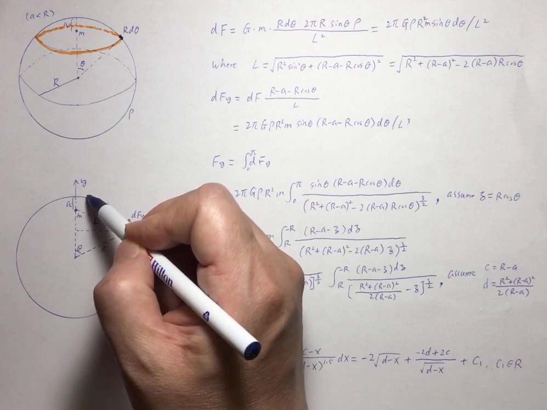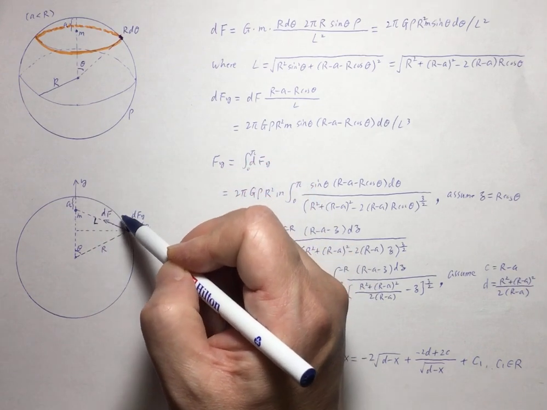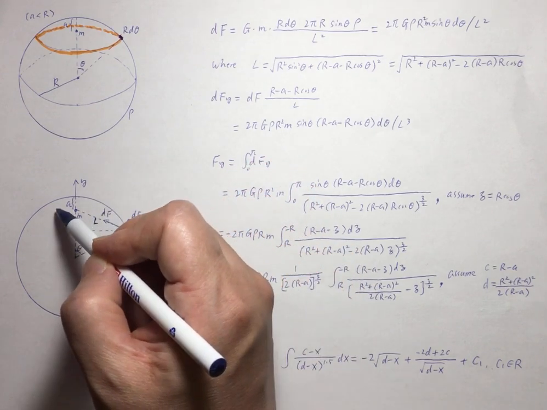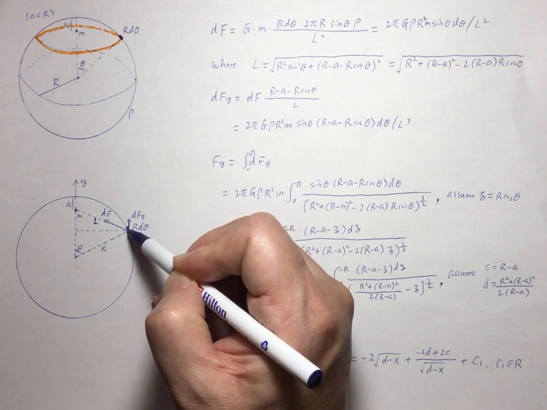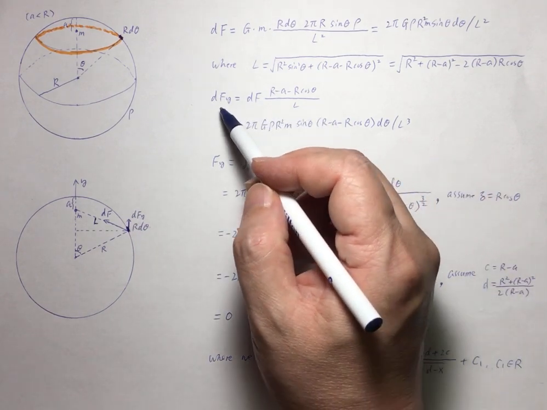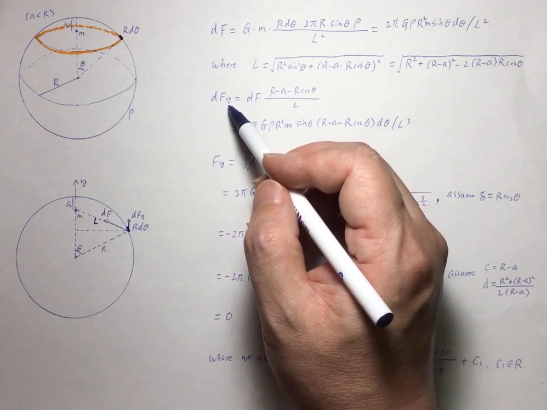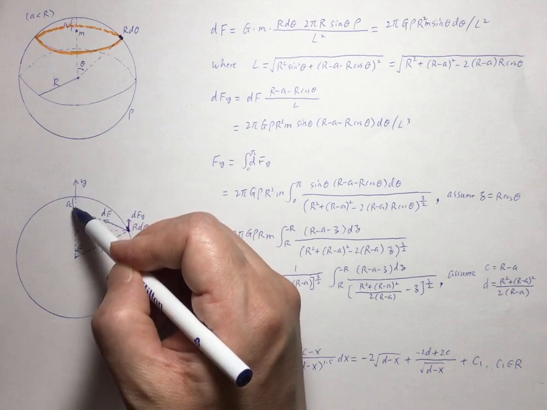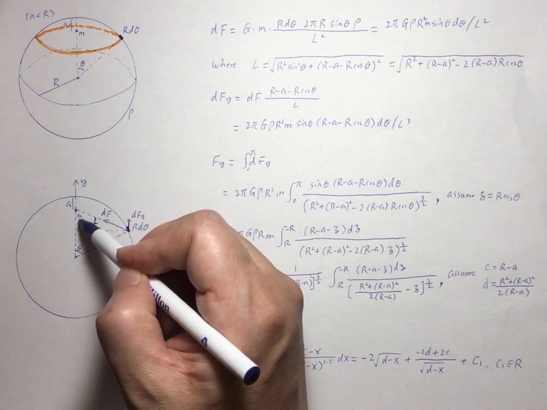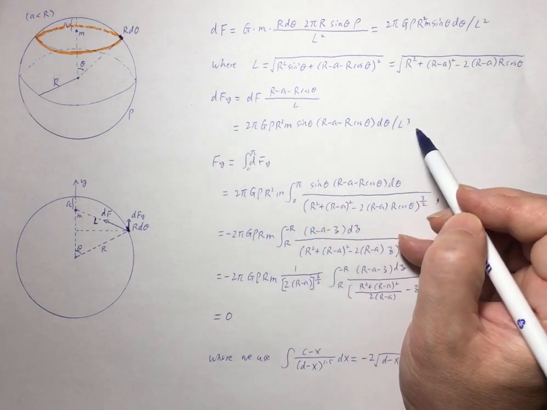So 2 minus 1 will become 1. For the dFy below m, for example, here, the dF is positive, dFy is positive. So in the end, the expression for dFy is the same for all cases, whether it's above this particle or below this particle. So we have this dFy expression here.